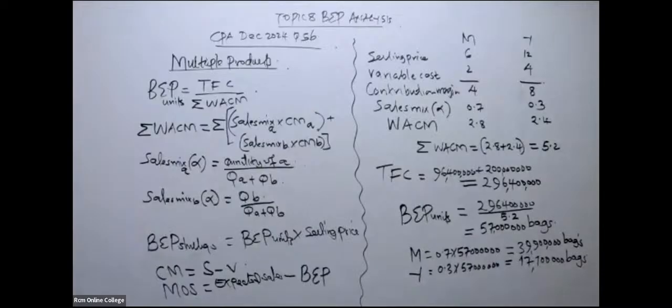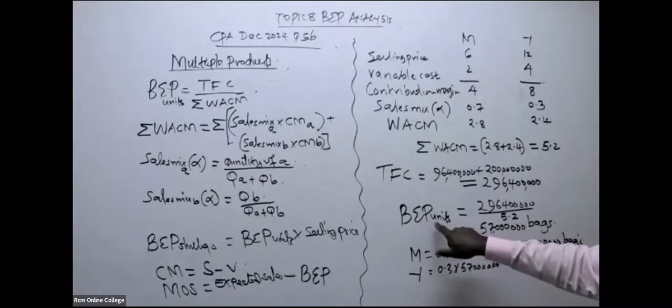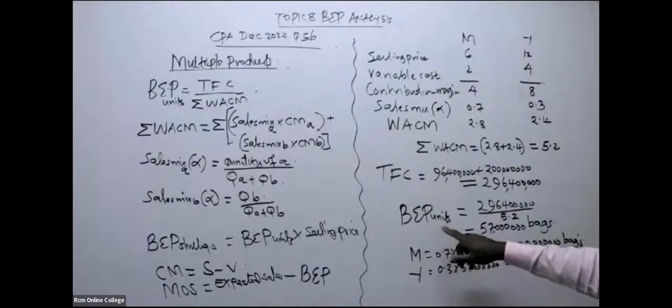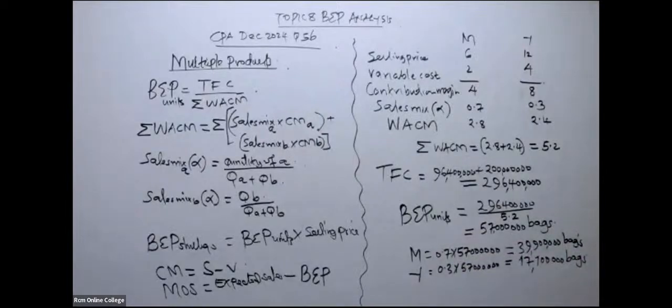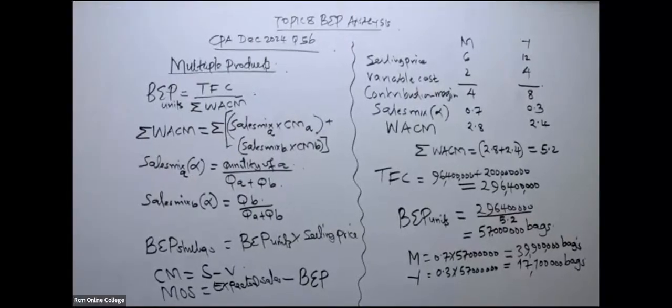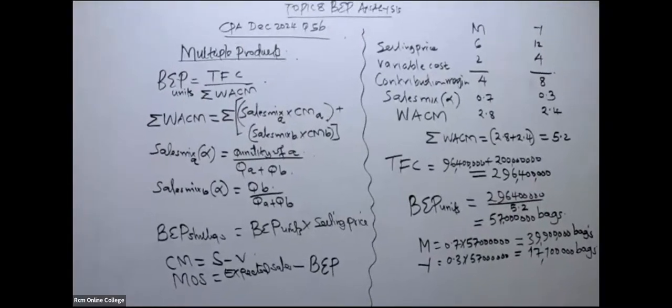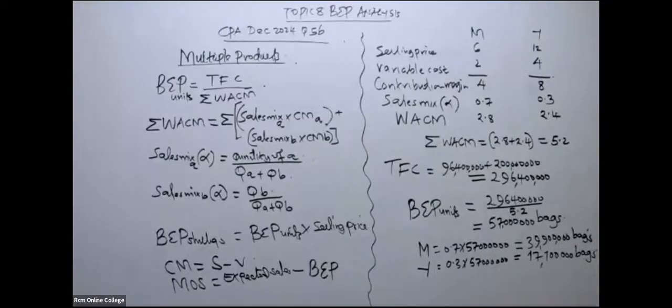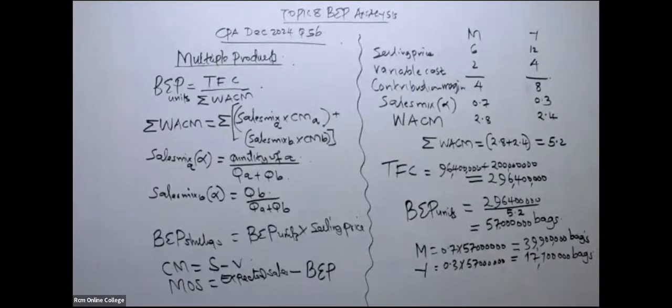Is it bags or shillings? Break-even point in units. It is in bags. Now we are going to get our break-even point in shillings. If you are told to give us the break-even point in shillings, what do we need to do? We go ahead and get the number of units that will give us break-even point, and we multiply by the selling price per unit.